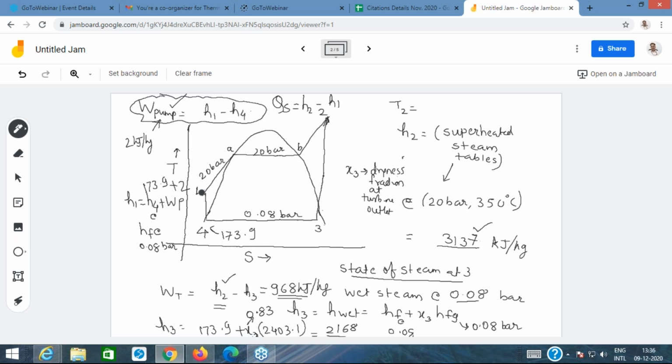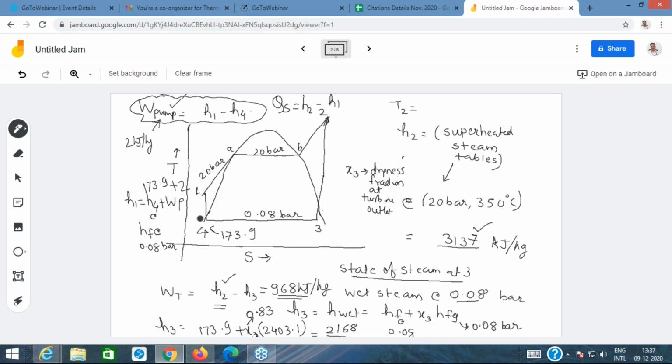You don't know H1, but you will need H1. But before that, you need to find the pump work. Pump work, because it is an open system, is the V delta P work. V means the specific volume at 4, that is Vf at 4 from the steam table. You'll find that this value is always about 0.001.